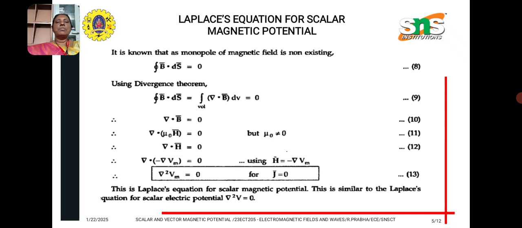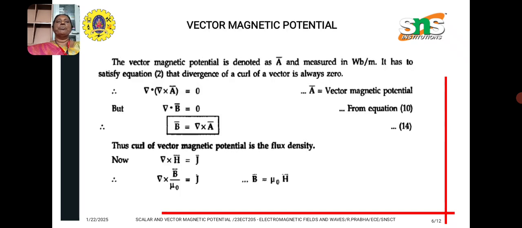We can write the equation as del dot minus del Vm equal to 0, and so this is del squared Vm equal to 0 for source free region J equal to 0. This del squared Vm equal to 0 is called the Laplace equation for scalar magnetic potential, and this is similar to the Laplace equation for scalar electric potential, del squared V equal to 0.